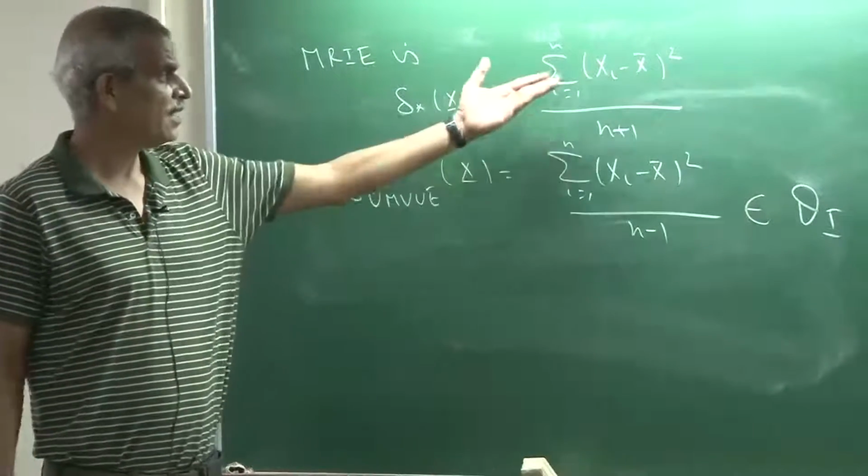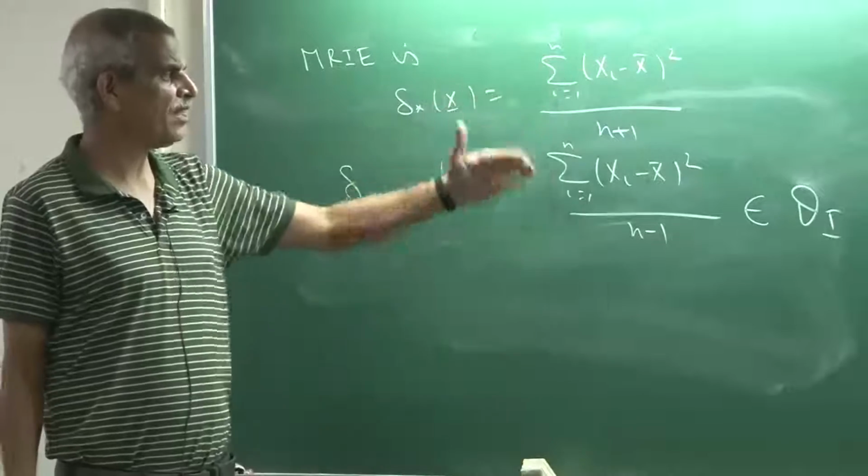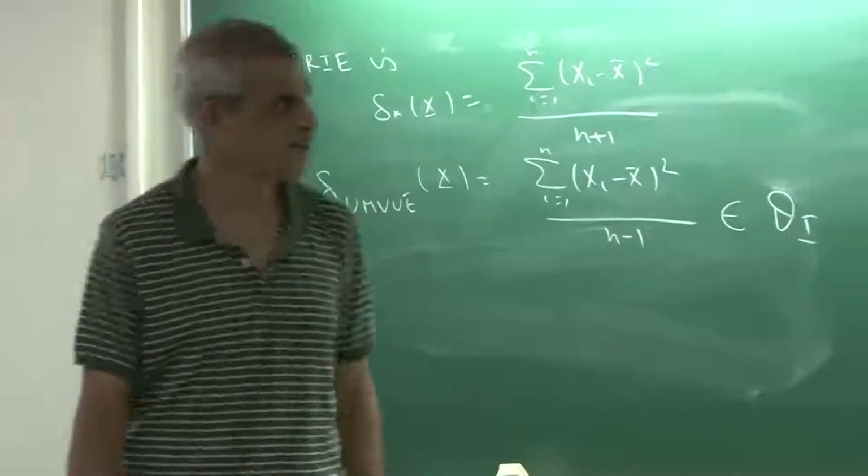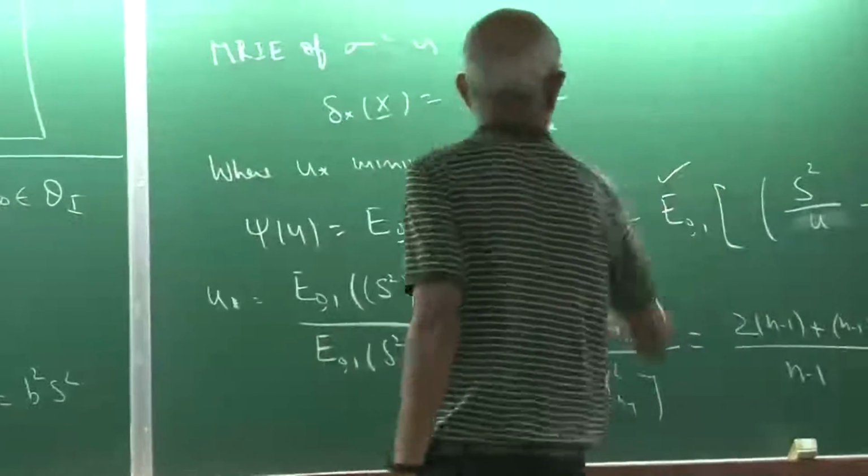So this suggests that this would have smaller mean squared error, or smaller risk, than this, where risk is given by this quantity.